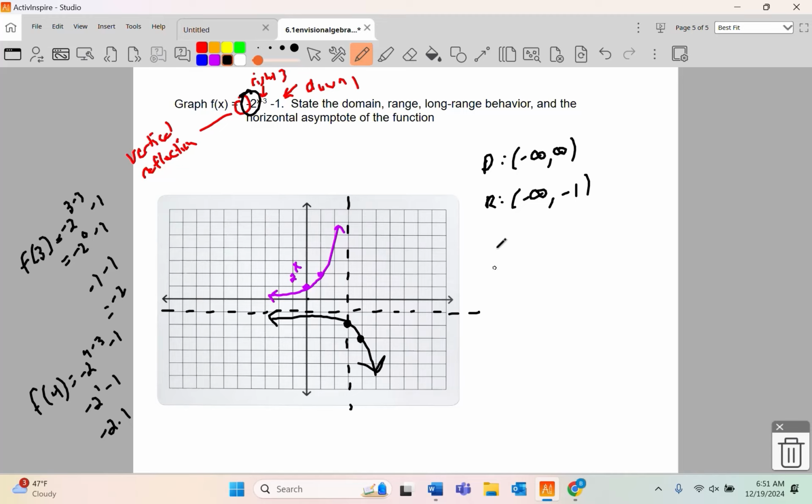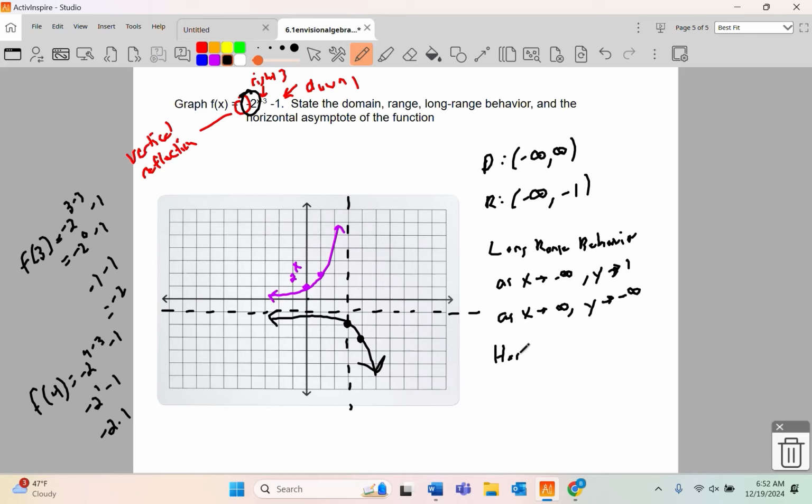We want the long range behavior. So as x approaches negative infinity, the y value is approaching 1. And as x approaches positive infinity, the y value is falling to negative infinity.